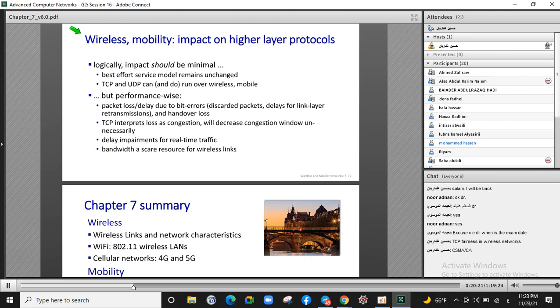It will reduce the size of the congestion window, the size of sending packets over the network. So if you look at this condition over a wireless network, you can see that in some cases the sources cannot send enough information, and we can see some unfair conditions over wireless networks, especially in Wi-Fi networks. You can search for TCP fairness in wireless networks or in Wi-Fi networks.